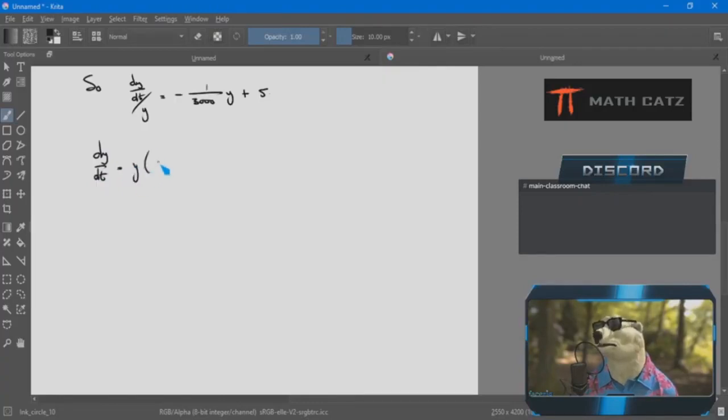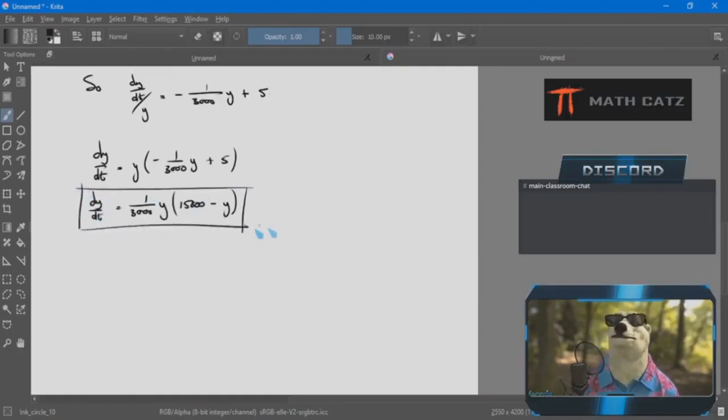I'm just going to keep them like this because we want them factored anyway. But I'm going to take out 1 over 3,000 and write that in front, then have my y there, and then swap the other two around as 15,000 minus y. And there is our more familiar looking differential equation.